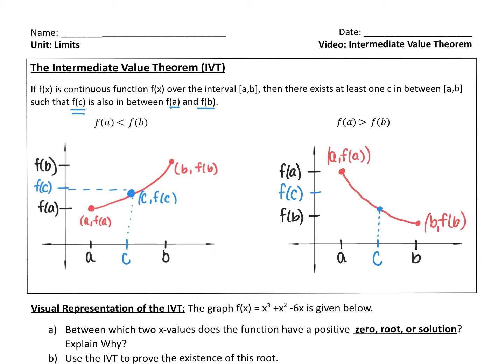Technically, the way I'm drawing it, f of c should really be all the way down here, so you can move that and fix it, but that would be your next point in the middle.